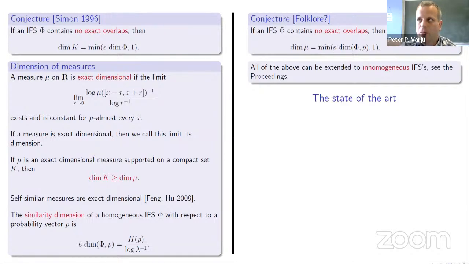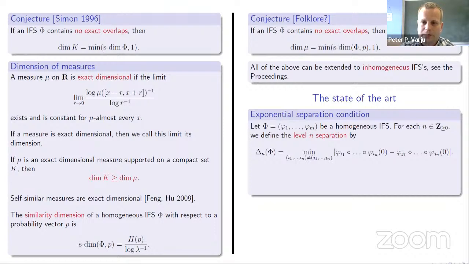And so now I want to tell you about what we know about these conjectures. Before I do that, I need to introduce another notion. It is another separation condition. So let's consider an iterated function system. For simplicity, I assume it's homogeneous. And for each positive integer n, I define the level n separation as follows.